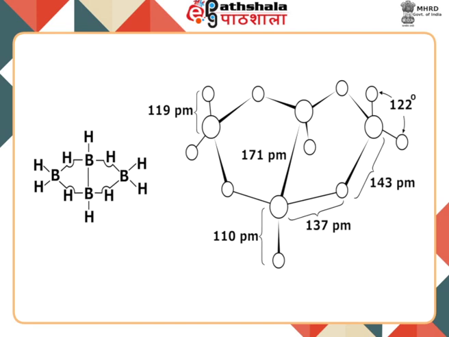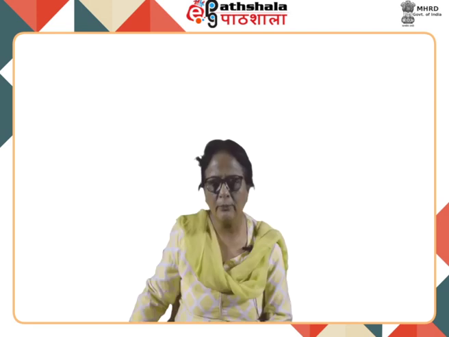Hence, out of the 12 valence electrons of the 4 boron atoms, 4 electrons are used in forming 4 BHB bridge bonds, 2 electrons are used up in 1 BB bond, and the remaining 6 electrons are used in the 6 terminal BH bonds.